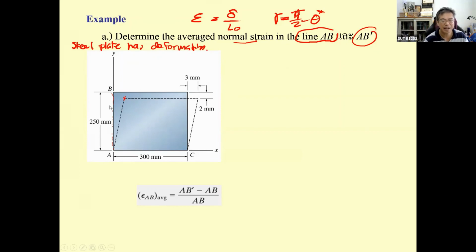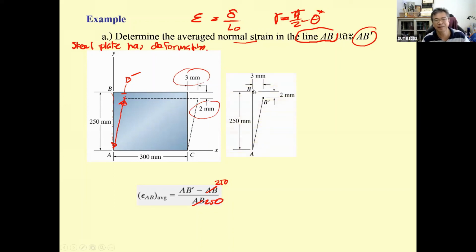So the AB now is going to be 250. And what is going to be AB prime? We have to determine this length. And the length of this can be determined from what? The deformation over here. So we do the computation of this. Over here is 3 millimeter.